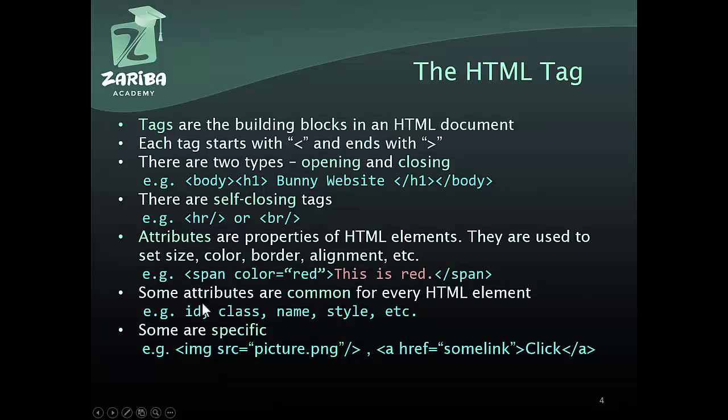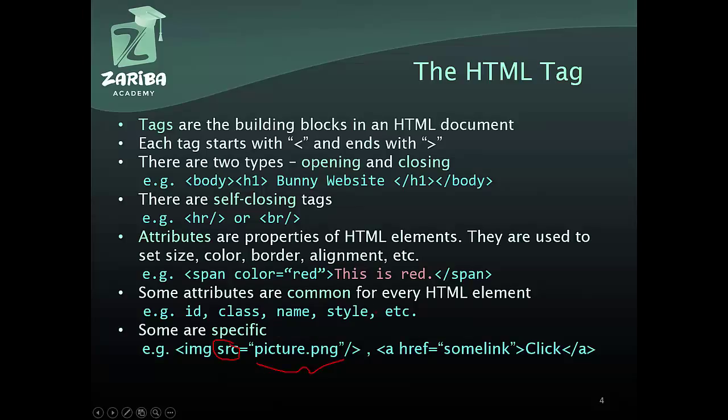This is red. Also, some attributes are common for every HTML element, like ID, class, name, style, etc. And there are some specific ones. So if you want to place an image, this attribute here, which is called src, from source, you will have to give a link to the picture that you are going to use.